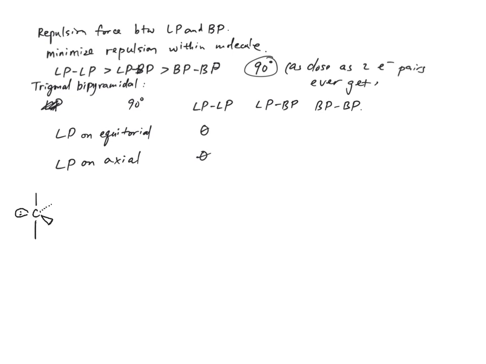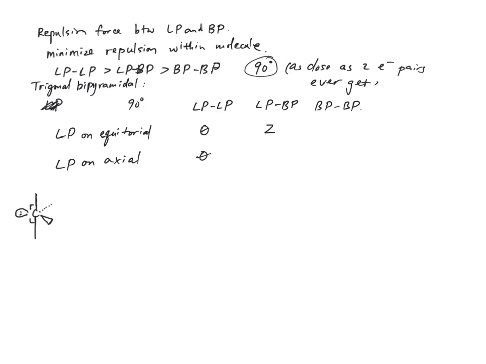Well, between this lone pair and this bonding pair, that's 90 degrees. Between this lone pair and this bonding pair, that's 90 degrees. And this lone pair with the other two bonding pairs is beyond 90 degrees, so we don't worry about them. So lone pair-bonding pair on equatorial is 2.